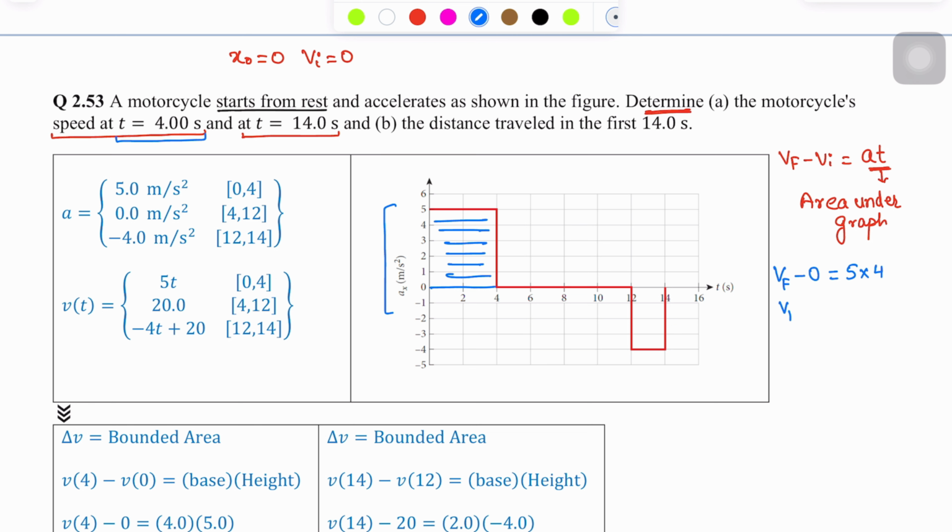So can I say Vf is equal to 20 meters per second. Fine. Now what you need to observe here, at this position your Vf is 20 meters per second.